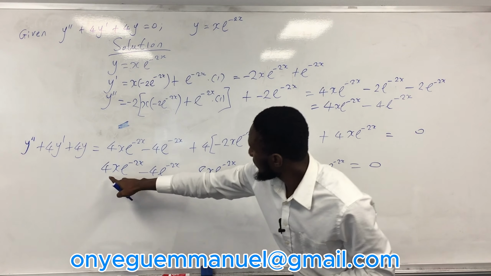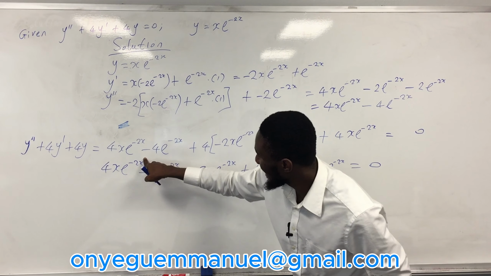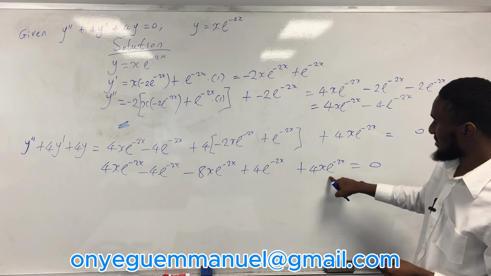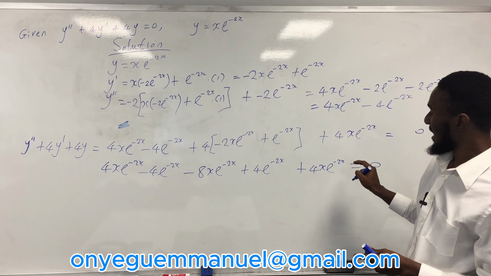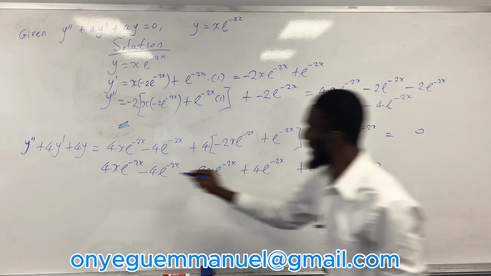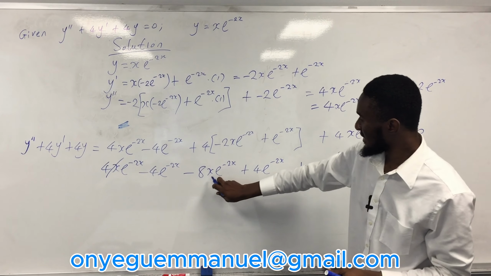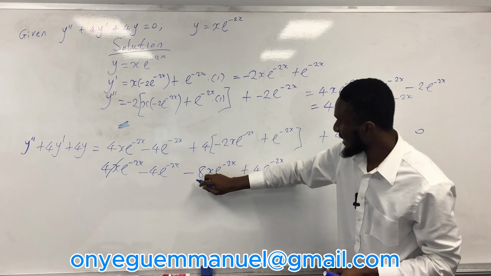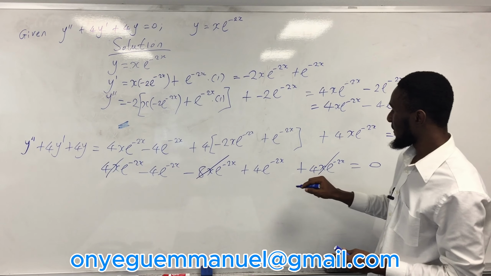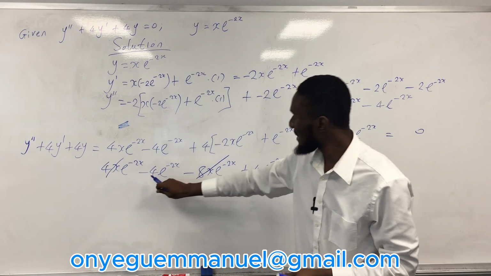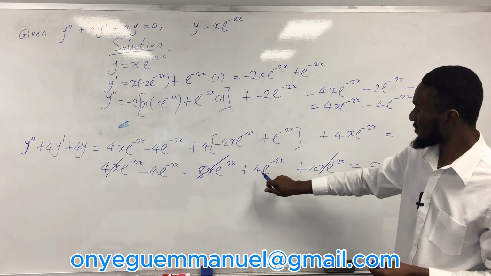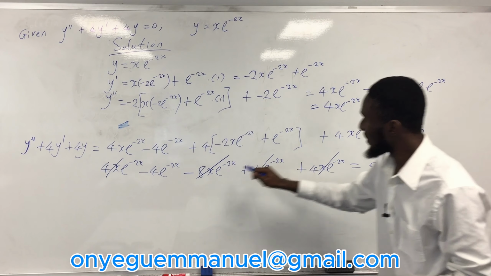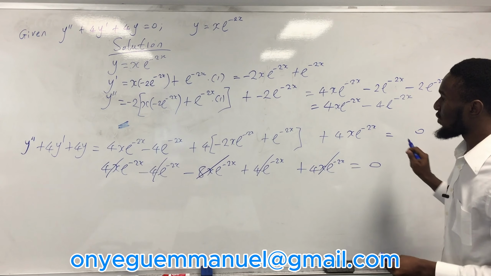Now let's look at this. We have 4x exponential minus 2x here, and 4x exponential minus 2x here, so it will give you 8x exponential minus 2x, and this will cancel the minus 8x exponential minus 2x here. So this is gone. What do we have next? You have minus 4 exponential minus 2x, and we have plus 4 exponential minus 2x here. This will cancel this, so it's equal to 0.